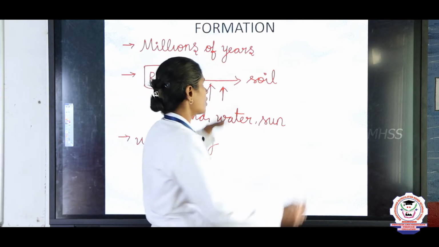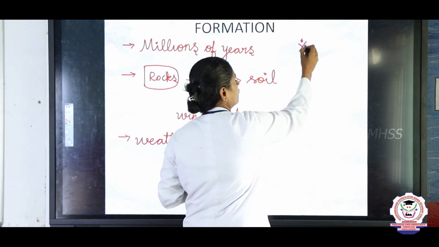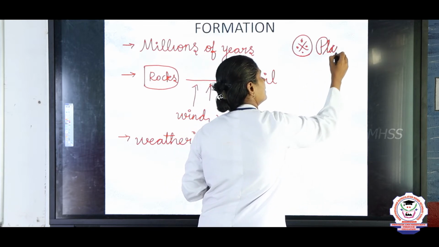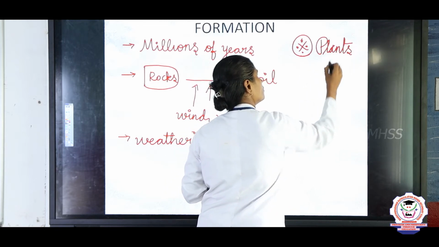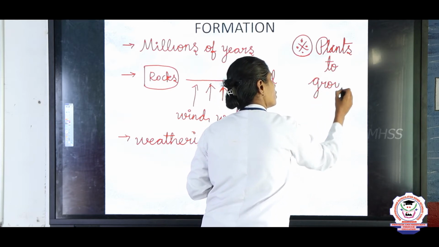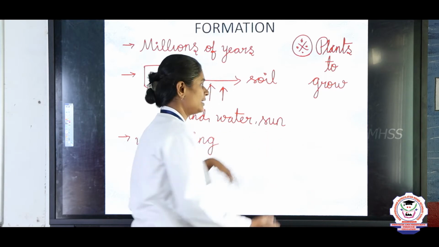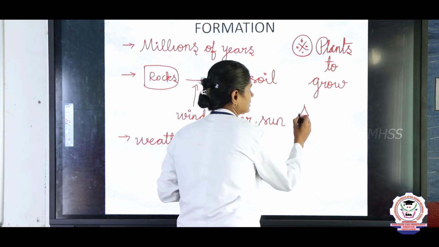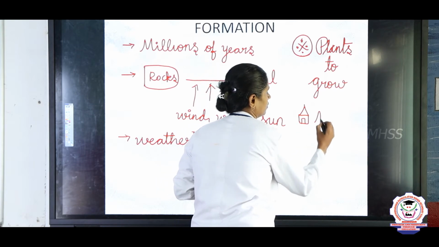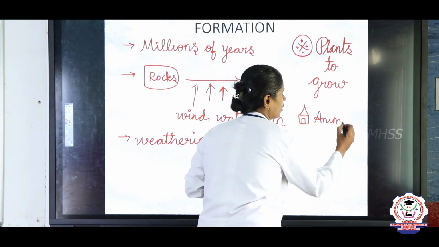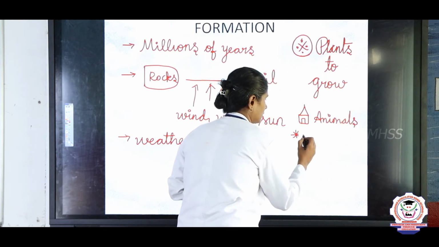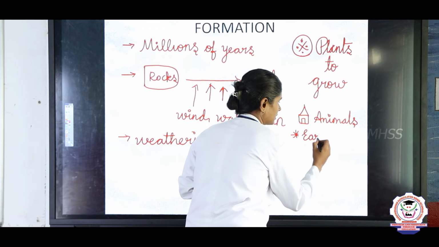This soil is important for plant growth, and also the soil is home to many animals. The soil acts as a home or a house to many animals or insects, right. Like what are the insects or animals?